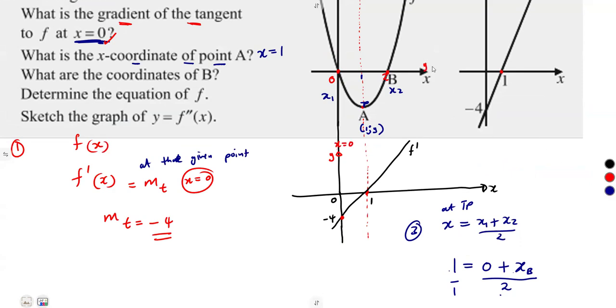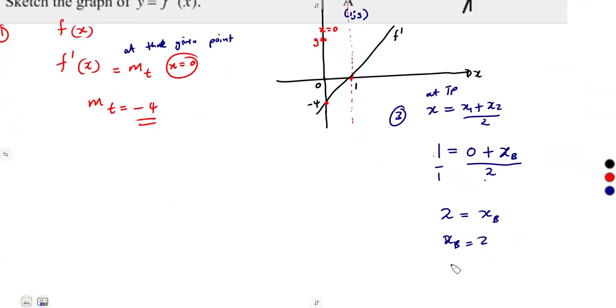Remember, y is equal to 0 on the x-axis. Therefore, point B is given as (2, 0). This is our point B, from our understanding of that graph.